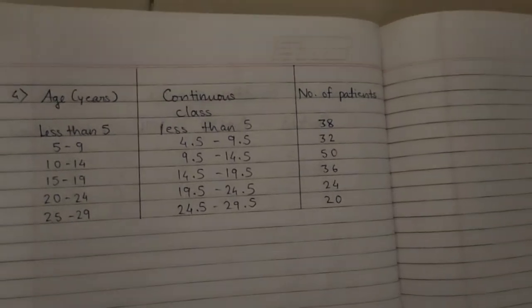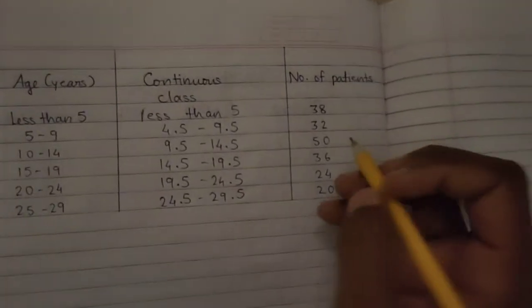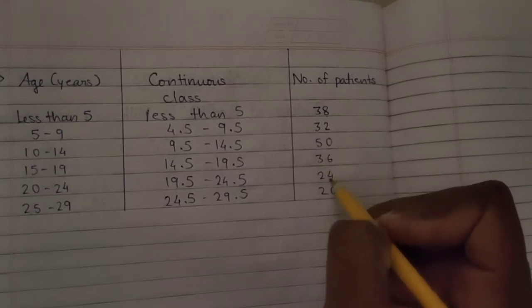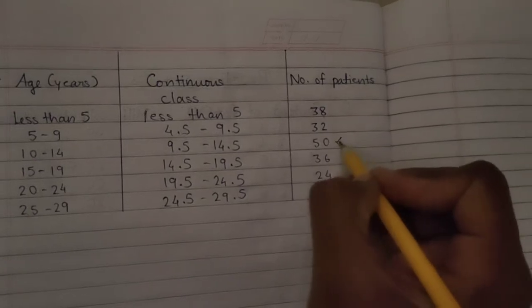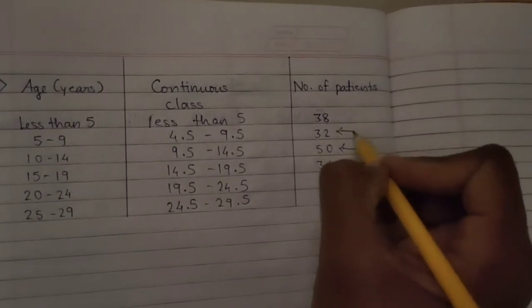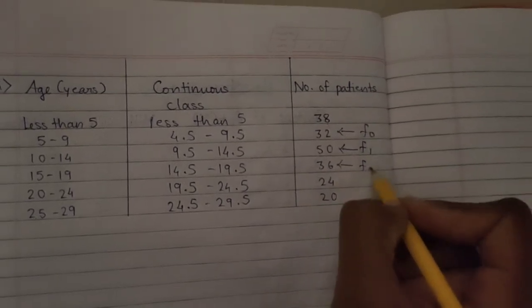Now we need to search for F0, F1 and F2. For that purpose, see the highest value, and you will get 50. So this 50 is your F1. Above F1 you have F0, and below that you have F2.